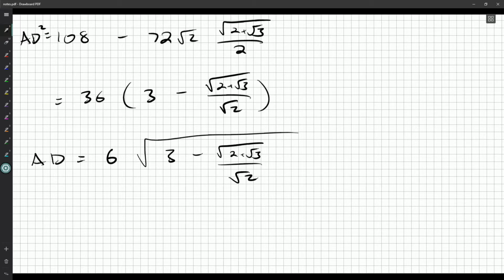What would I do to turn this into 2 minus root 3? Actually, let's double check with a calculator that it is 2 minus root 3 before I start doing something wrong. 2 plus root 3, square root that, divide it by the square root of 2, so 1.366, and then add 3.